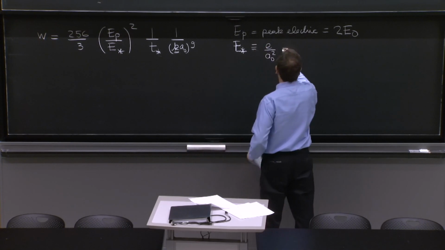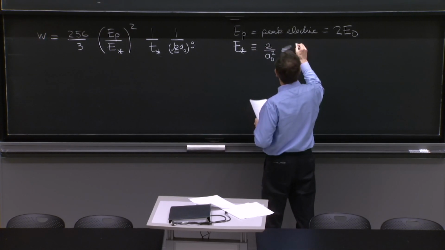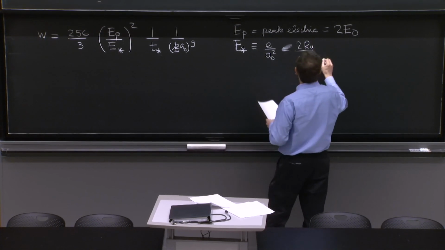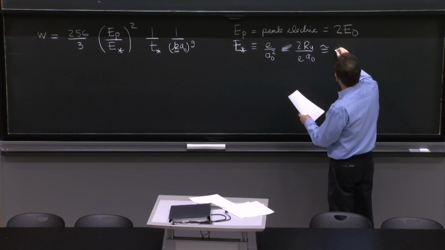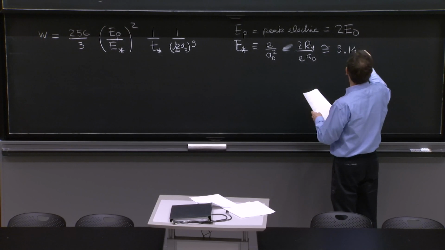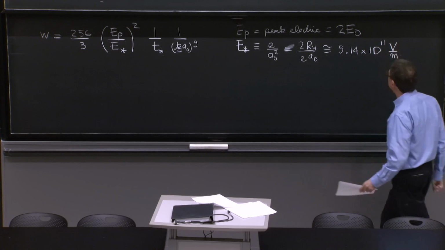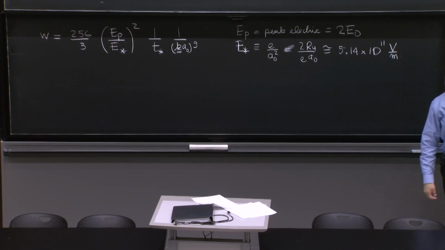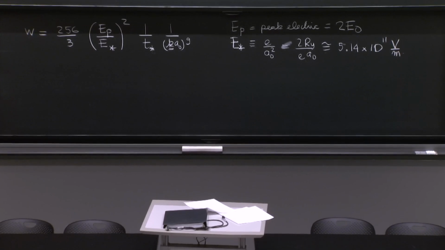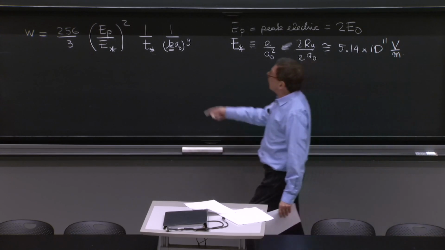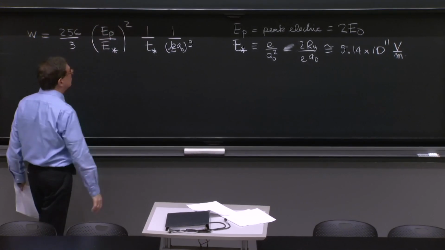That's a definition. Or if you want, in terms of Rydbergs, 2 Rydbergs over E A naught, and it's about 5.14 times 10 to the 11 volts per meter. So it's a nice quantity. You're comparing your electric field from your laser to the typical electric field in the atom, and that ratio is meaningful.